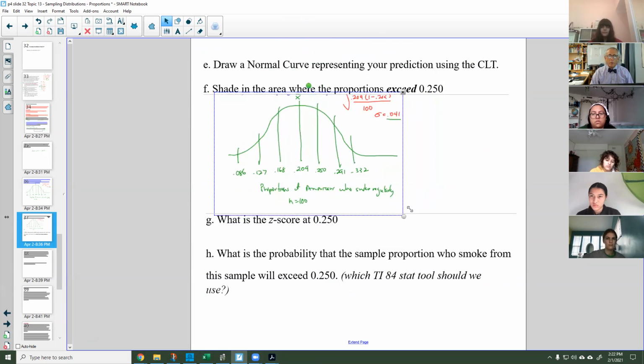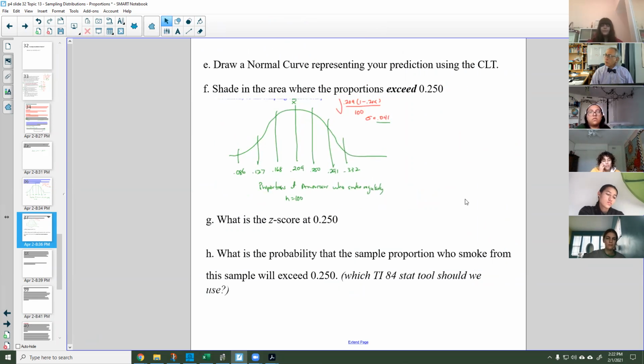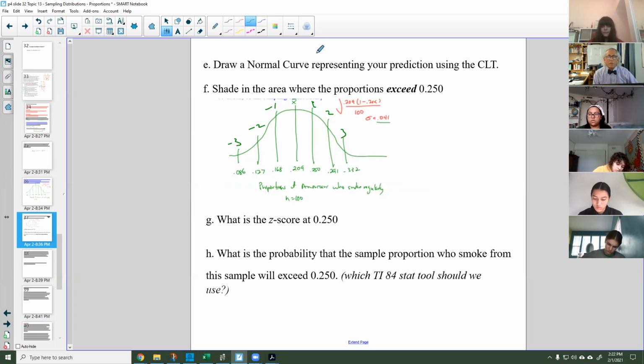Even smaller. Okay, that's good. Can everybody see it still pretty well? Yes? Okay. So it says shade in the area where the proportions exceed 0.25. Okay, well, that just happens to fall nicely right on here on my standard deviation. Let's go 1, 2, 3, -1, -2, -3. So that just happens to fit right there on the first standard deviation. So I'm shading in that area right there.